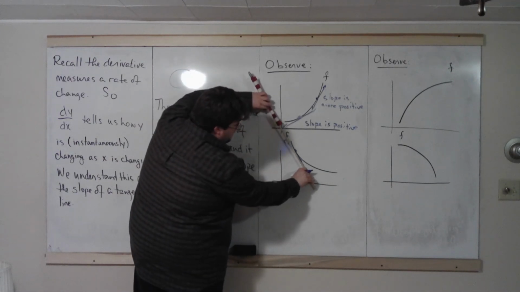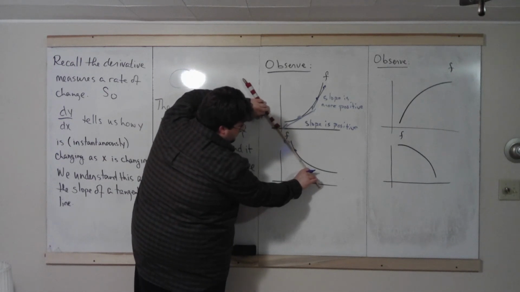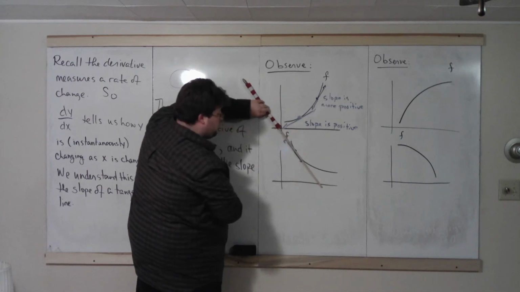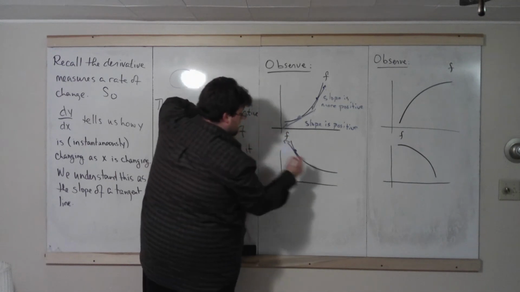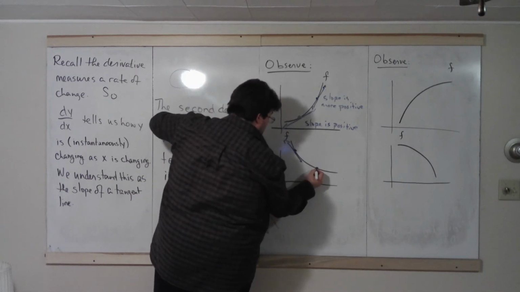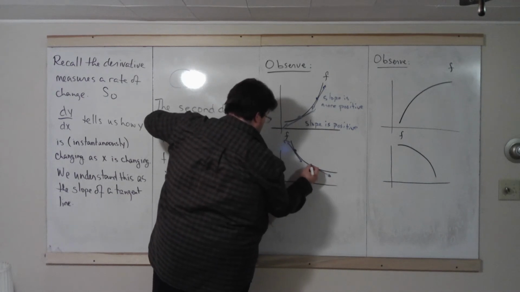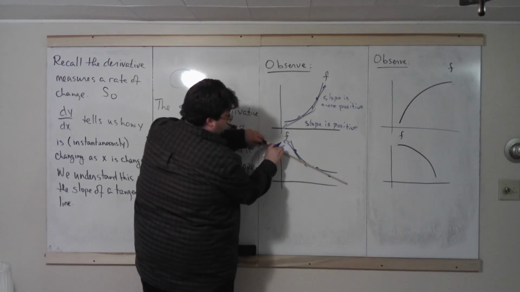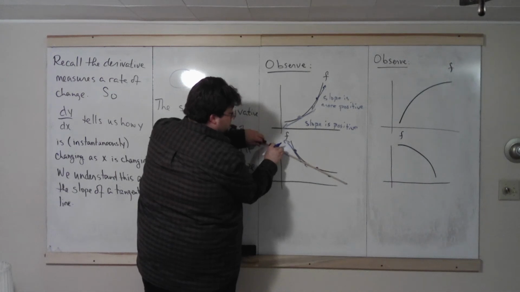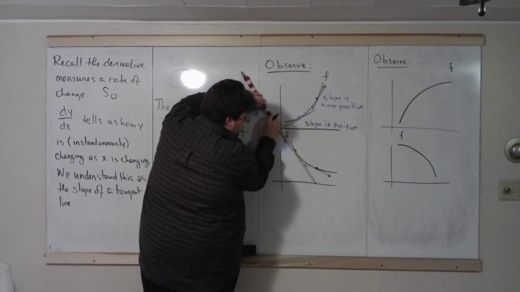We have here a negative slope. A negative slope. It's going downward. How about over here? Well, we also have a negative slope. But notice it's less slanted downward than this one.